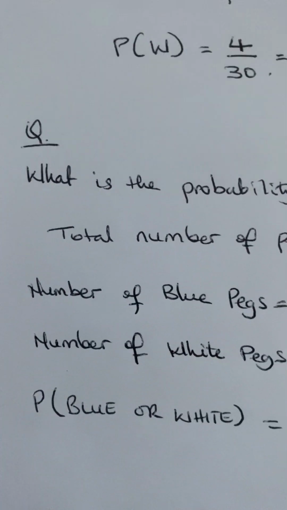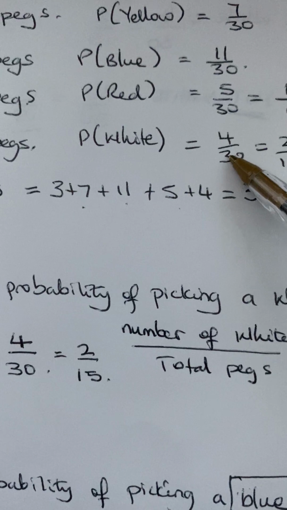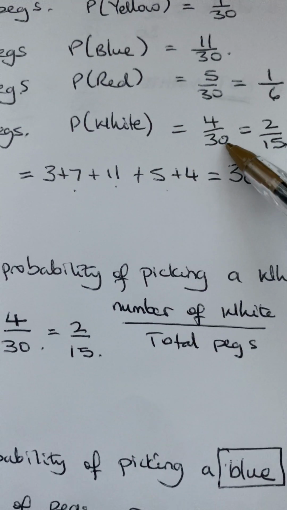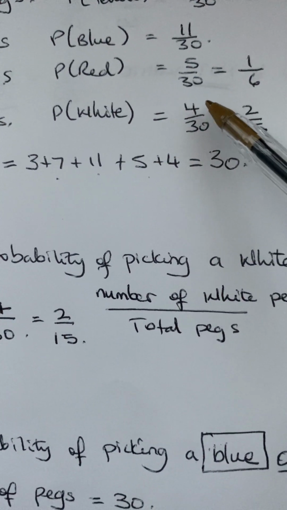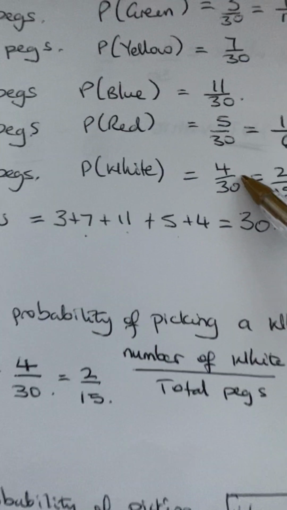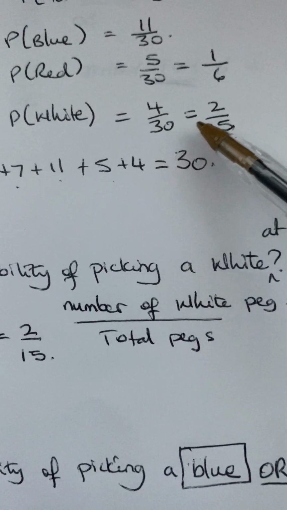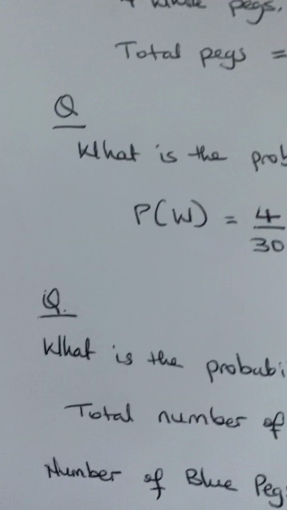What is the probability of picking a white? I've done it in the beginning. So the probability of picking a white is 2 out of 15 because there are 4 pegs out of 30. So 2 out of 15.